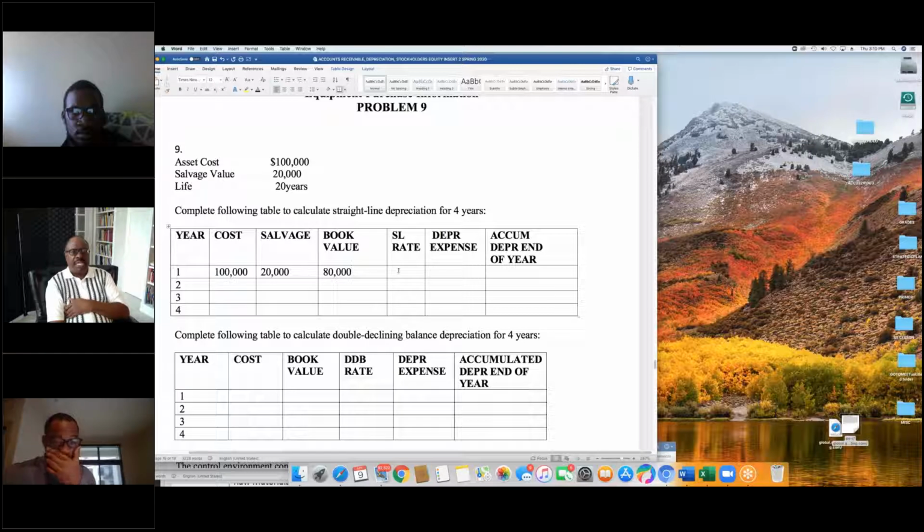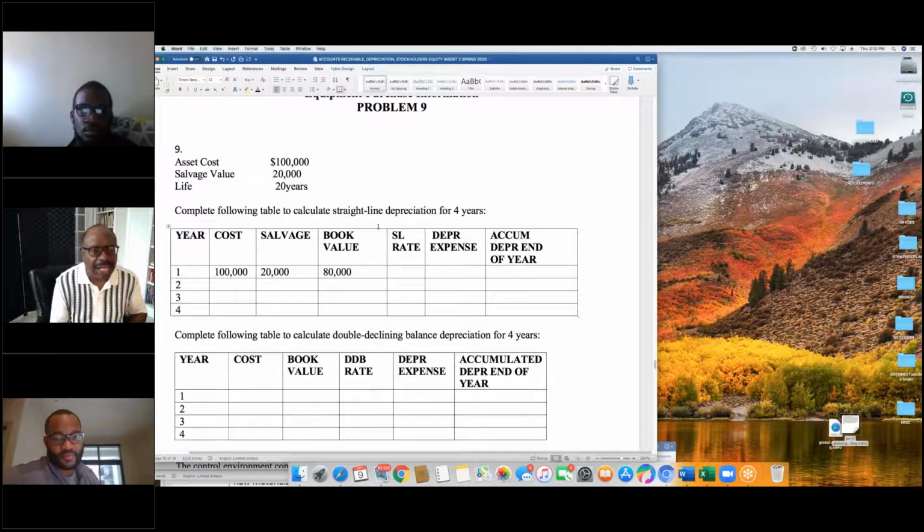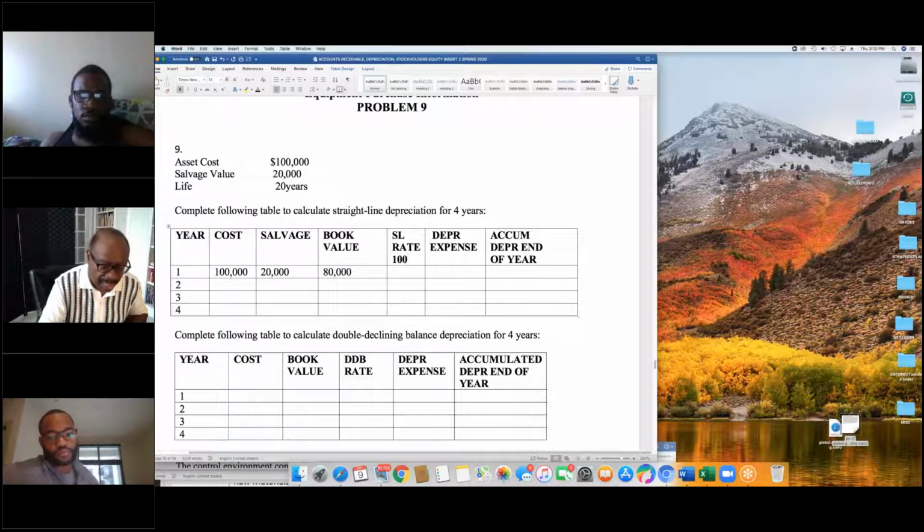What's our straight line rate going to be in this case? 20%? Because it's 20 years, right? I don't think so. I'm going to take 100 and divide it by 20.